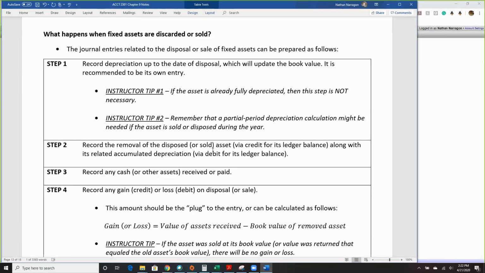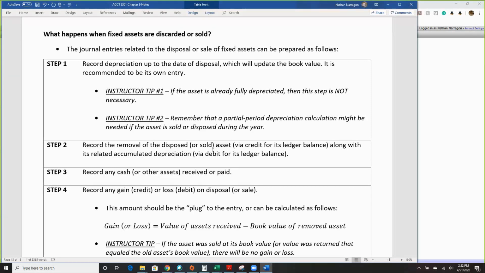So if the asset is still being depreciated, you have to do the partial year, basically up to the discard date or sell date. If somehow it's been fully depreciated, we don't need this step because there's nothing to add to it.